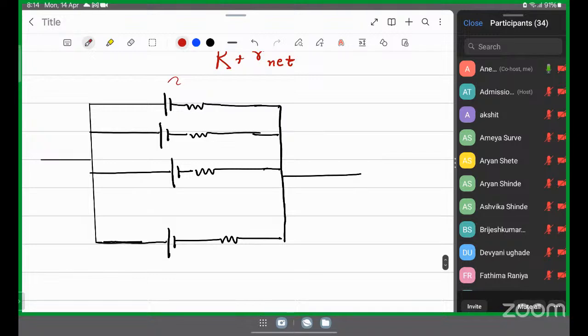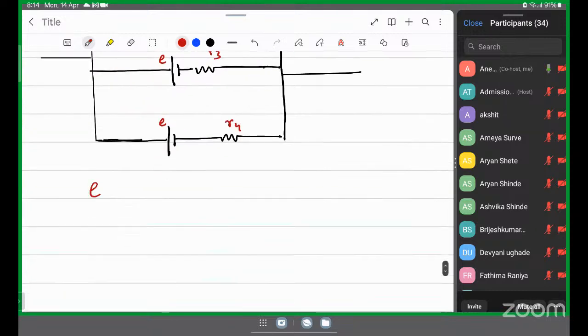Let's say this potential is, because all of them are in parallel, the potential will be the same, so this will be E, E, E and E. This will be R1, R2, R3 and R4.